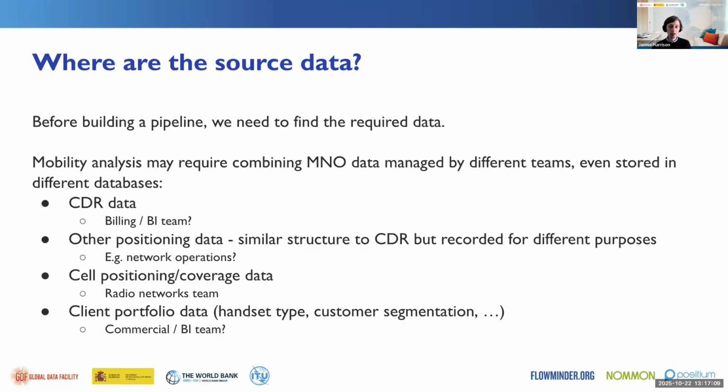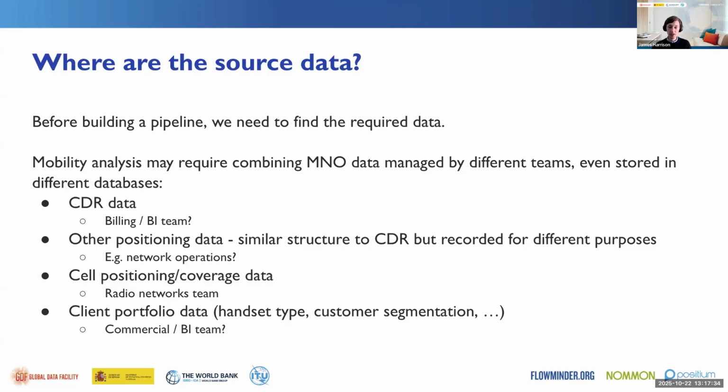And then the other category of data that the MNO might be providing that would be needed for this pipeline, potentially client portfolio data. So this could be things like the handset type that the subscriber is using, customer segmentation metrics, other metrics that the MNO collects and stores about the subscribers.